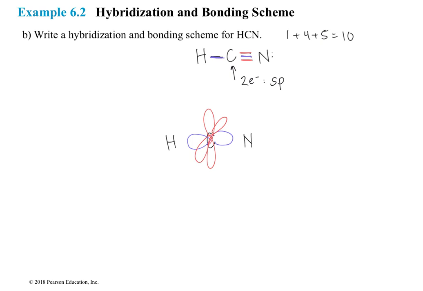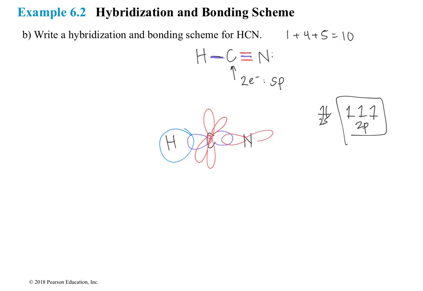We know hydrogen has an s orbital. Now nitrogen, let's just draw nitrogen's configuration. So we have 2s2 and 2p3. All right, so now we can see that all three orbitals for nitrogen can get used up. So let's draw those guys. All of them are p orbitals.